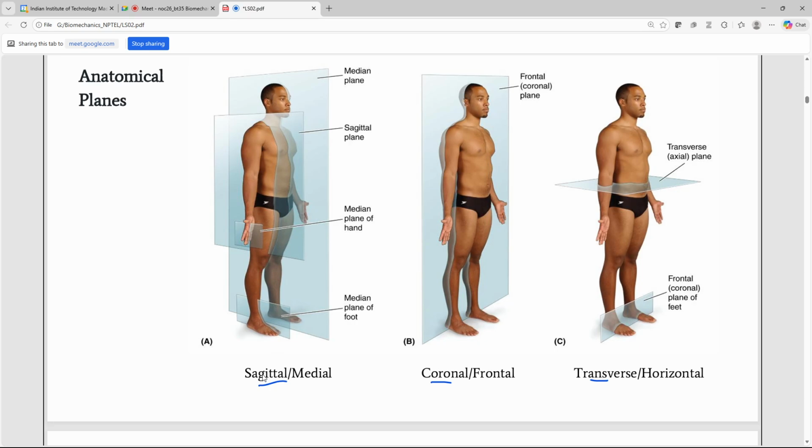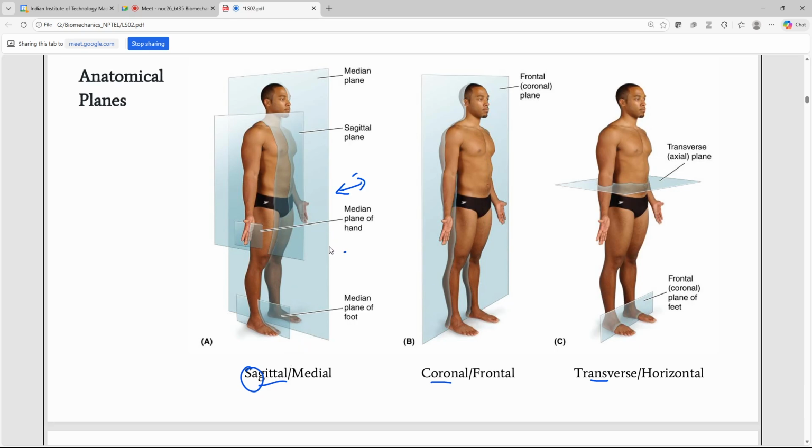For easy remembering, we can use some mnemonics. S is for sideways. The plane which can move sideways, like right side and left side, something that can move from left to right, is called sagittal.